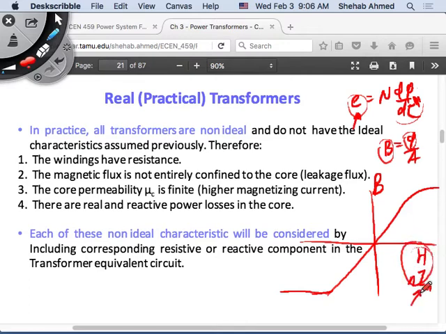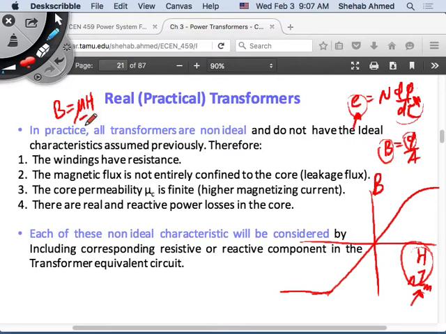Current is proportional to the H, right? So we said that B is equal to mu H. If phi is sinusoidal, I can assume B is sinusoidal since they're directly proportional. And then if mu was linear, then I would also get a linear relationship between B and H.